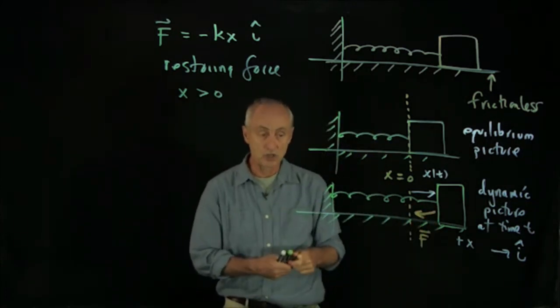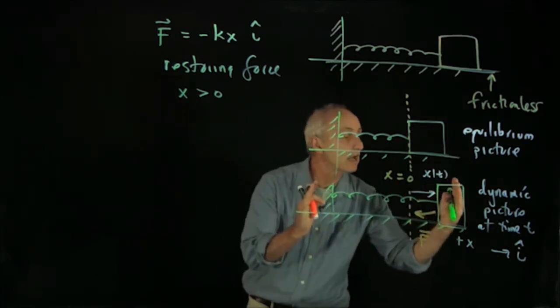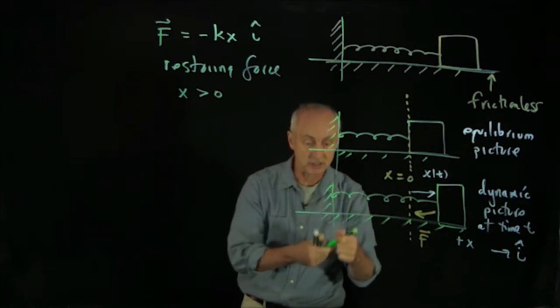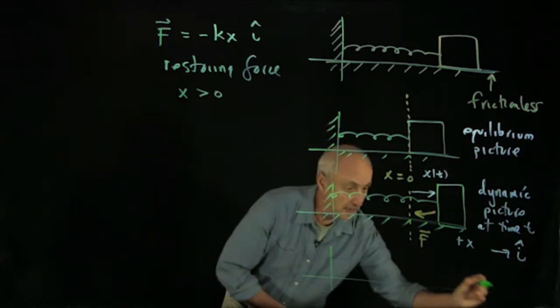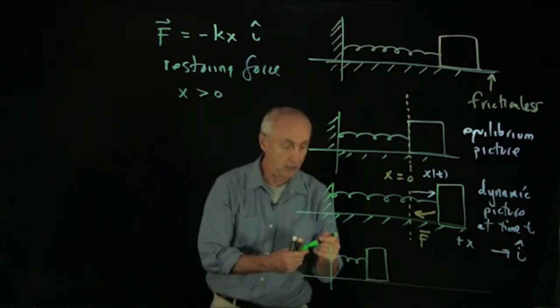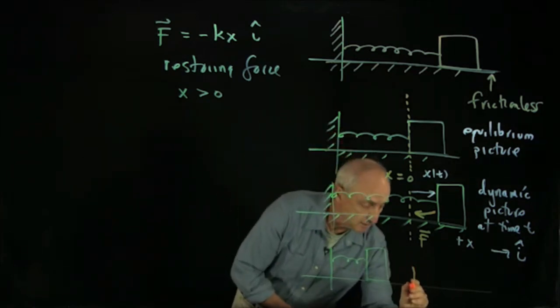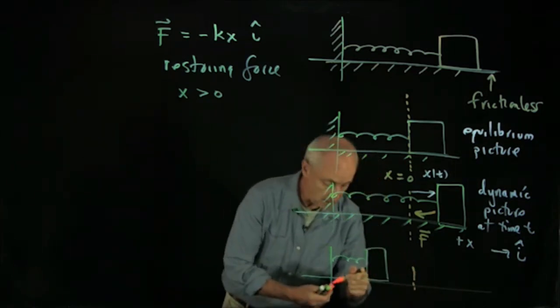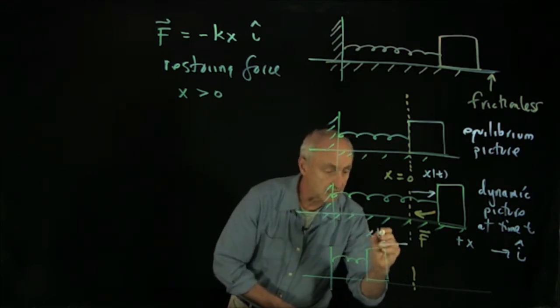Now, suppose we drew another picture where the object is pushed in, compressing the spring. So let's draw, once again, a diagram. And let's show the spring under compression from our equilibrium position. Now here we have, again, that x of t.